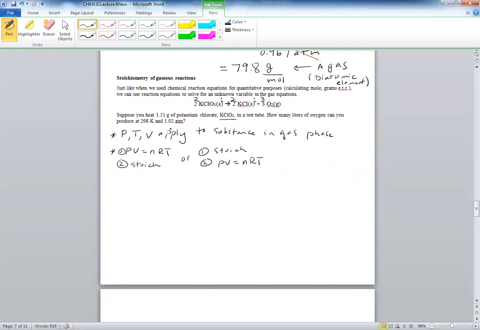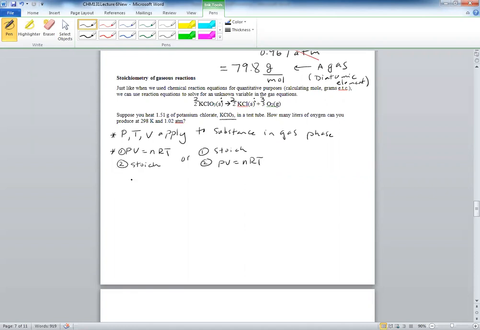So it's already converted for us, and 1.02 atm. Very well. So you are likely to start by saying, yes, I can just solve for the moles and plug into PV equals nRT and I'm done.